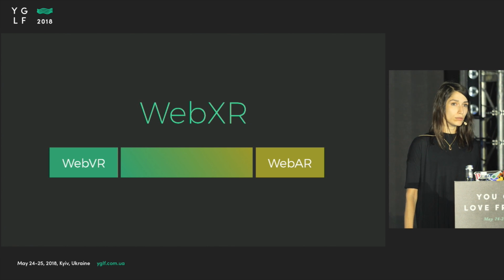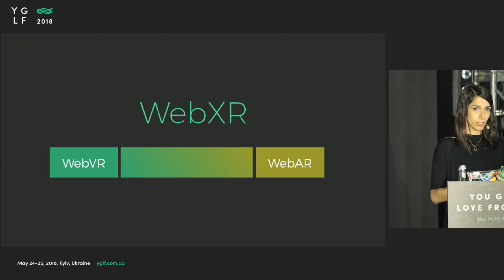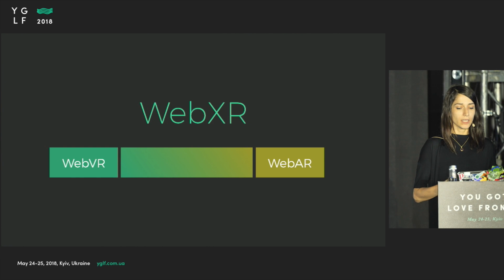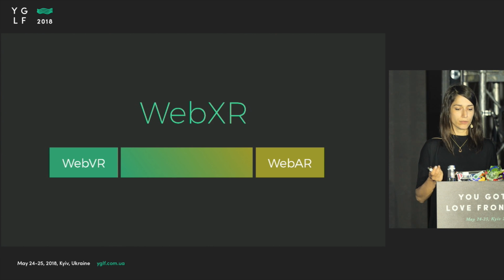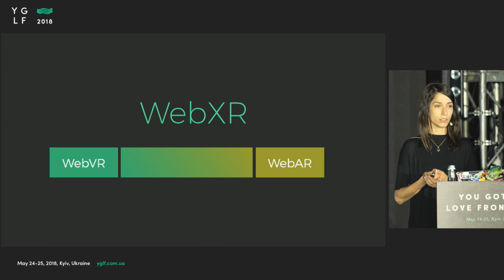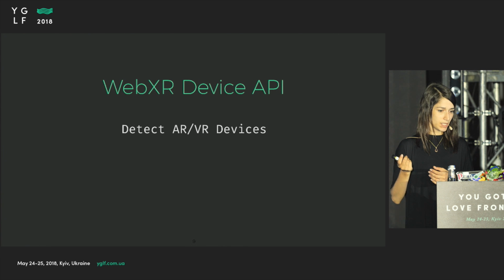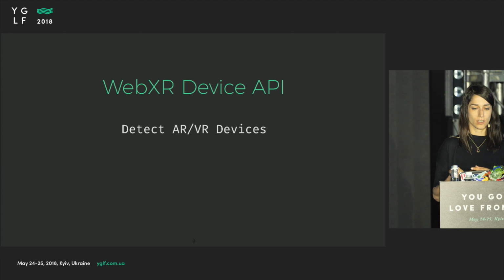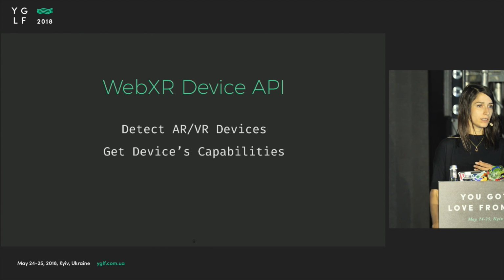But what we can do today is write virtual and augmented reality apps with JavaScript for the browser. And therefore the W3C Immersive Web Community Group is working on a new API called the WebXR Device API. This API aims to detect devices with virtual and augmented reality features and to get their individual capabilities.